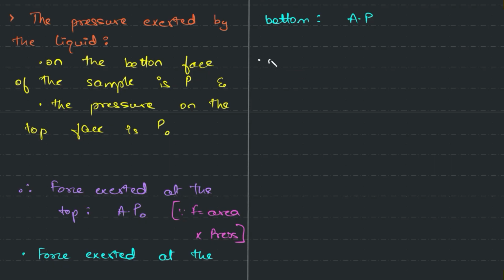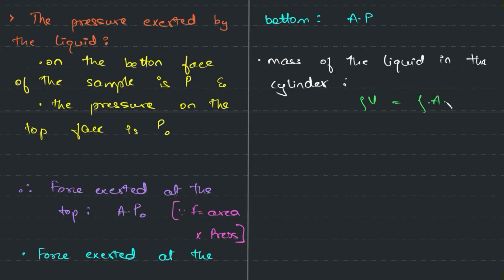Then we have the mass of the liquid in the cylinder, which would be rho into V, that is density into volume. Or we can write it as area into height.